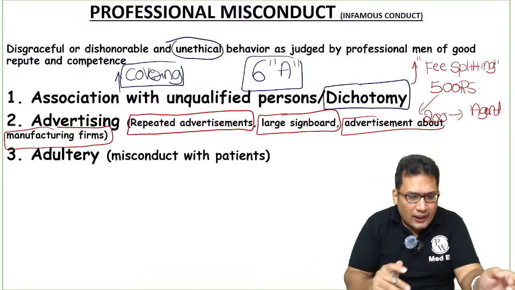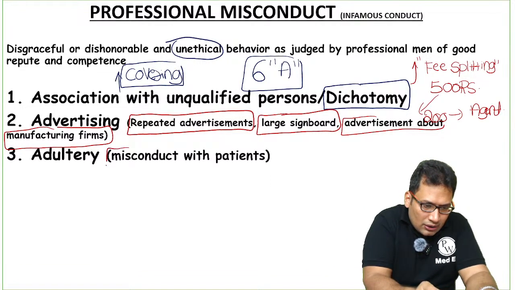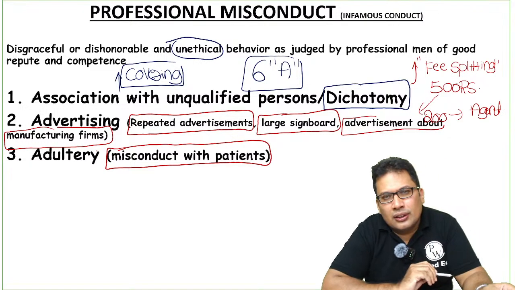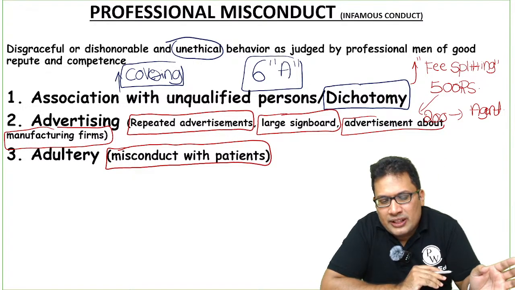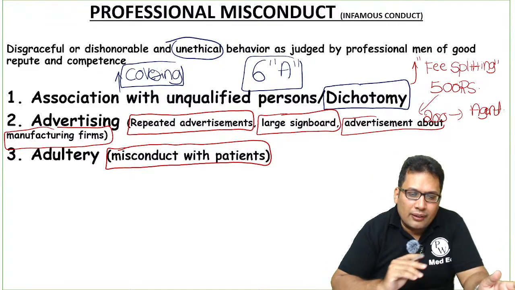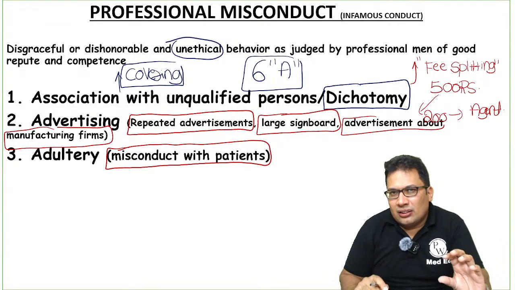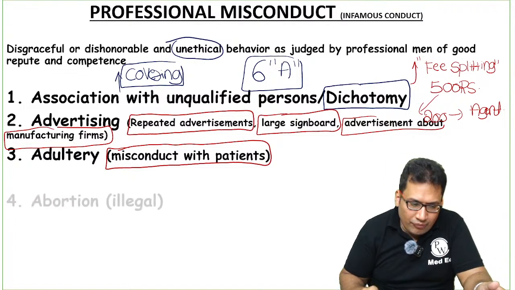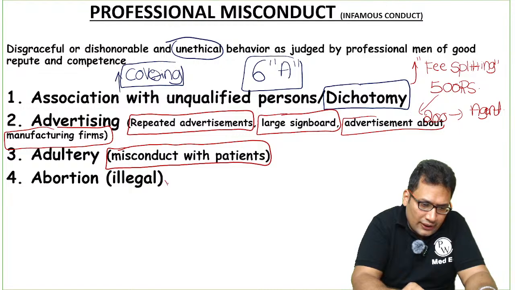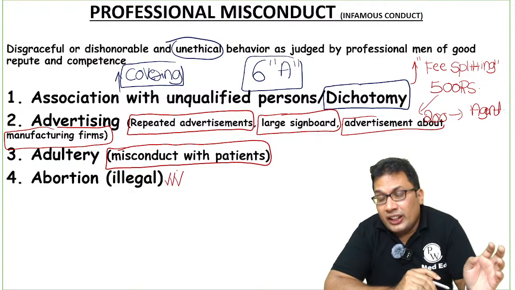Next, adultery. A for adultery, basically misconduct with the patients, especially sexual in nature. A for abortion, illegal abortion without any indication.